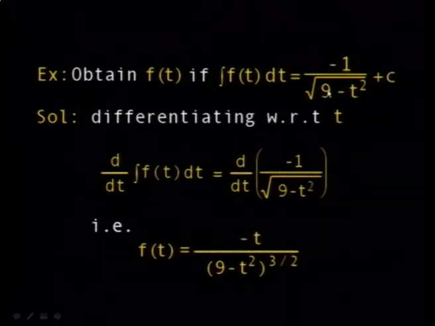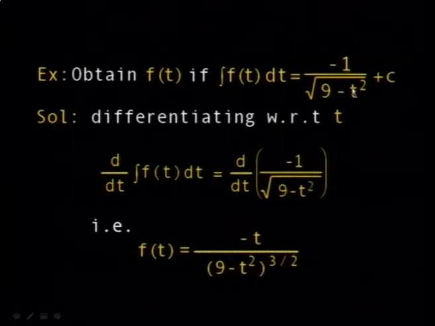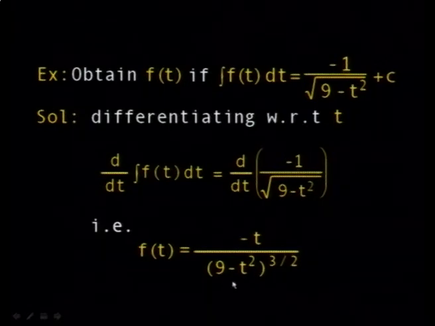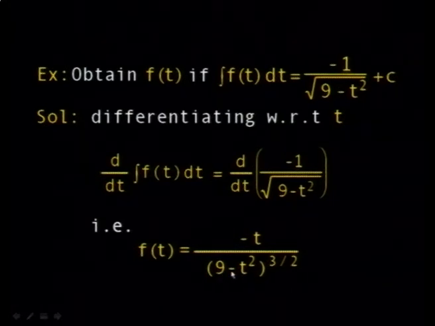It's minus 9 minus t squared all to the power minus half, and you can put 9 minus t squared equal to u. You differentiate with respect to u, and then this is the composite function, and you differentiate what's inside, so you get minus 2t, and the 2 cancels out, and you get this solution here.